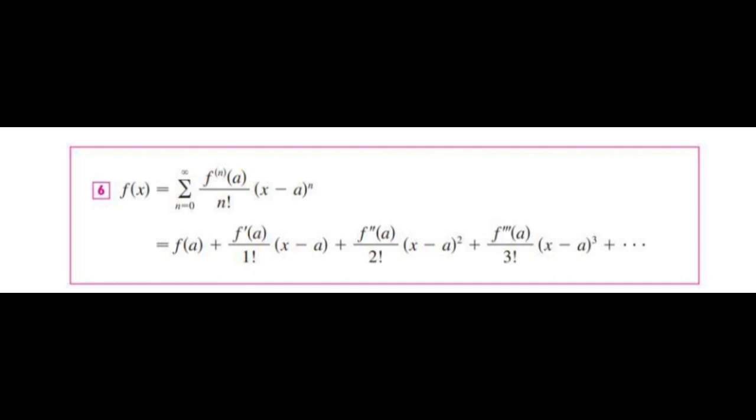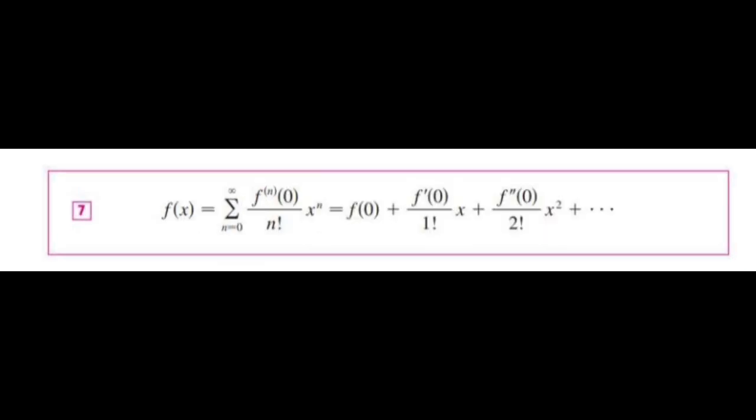For the special case a equals 0, the Taylor series becomes f of x equals the summation of f raised to n of 0 over n factorial times x raised to n, which equals f of 0 plus the first derivative of f at 0 over 1 factorial because it is in the first degree, plus the second derivative of f at 0 over 2 factorial because it is in the second degree, and so on and so forth. This case arises frequently enough that it is given the special name Maclaurin series.